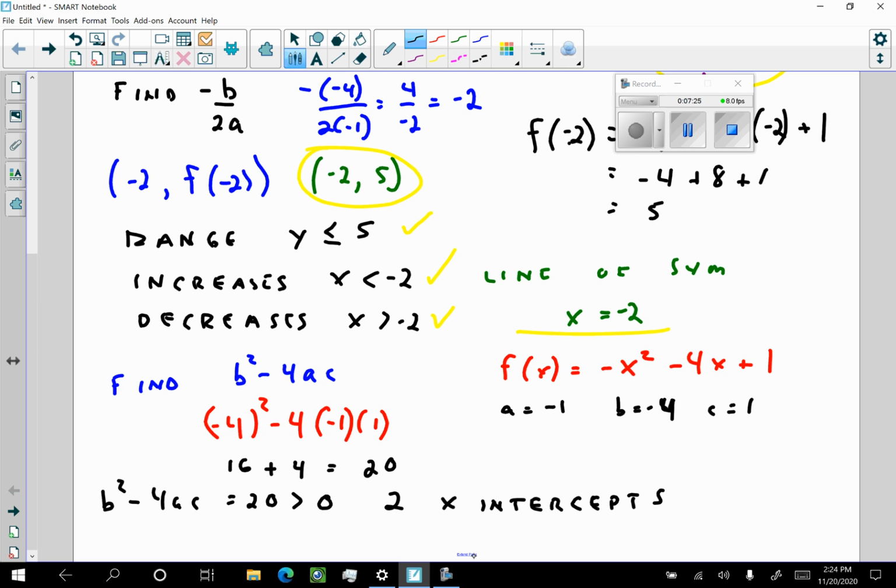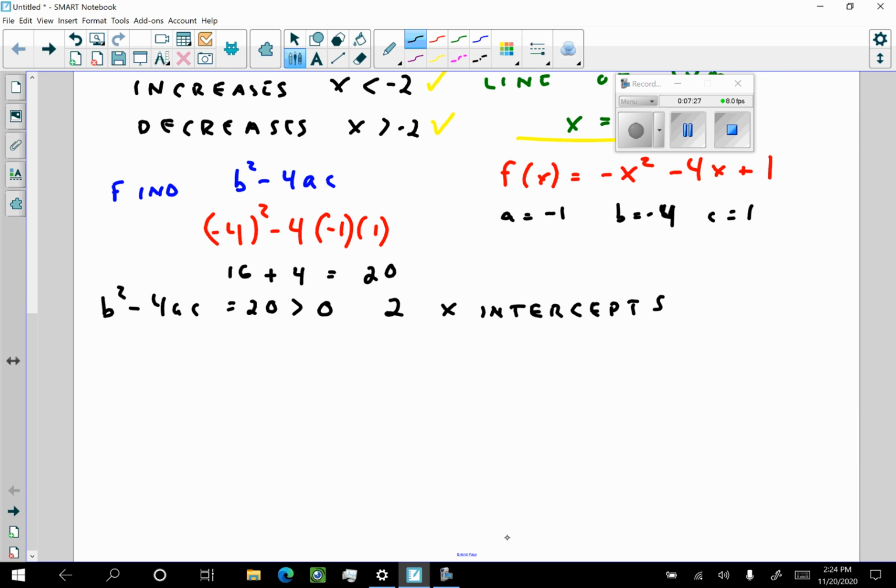And now what am I going to do? Now I'm going to use the quadratic formula that you will never have to memorize to find the x-intercepts. The x-intercepts are going to happen when the function, which is this guy right here, is equal to 0.